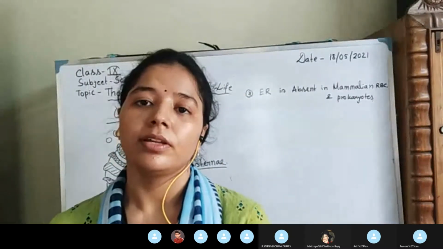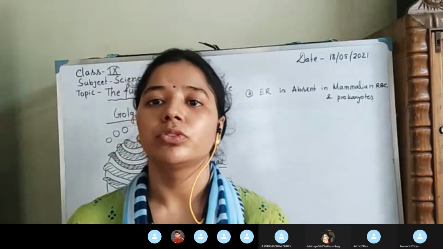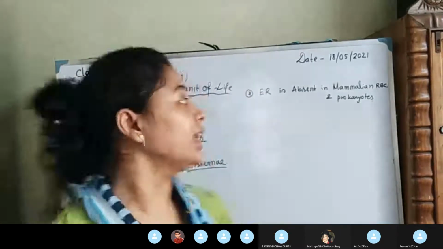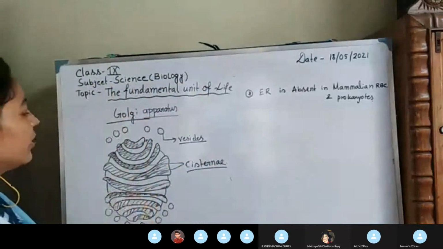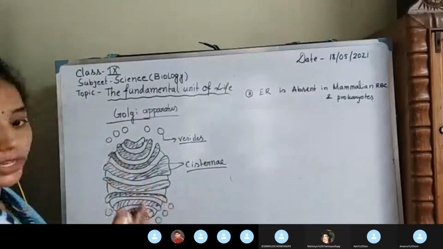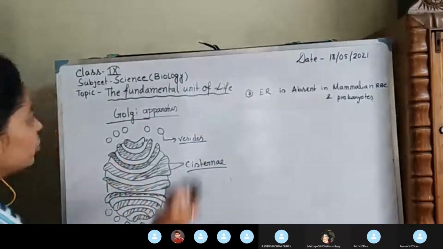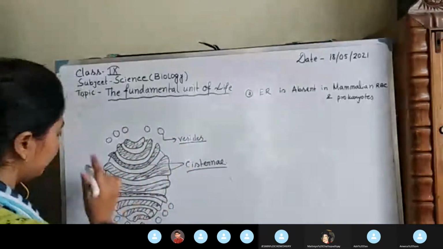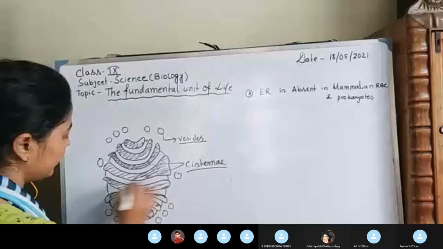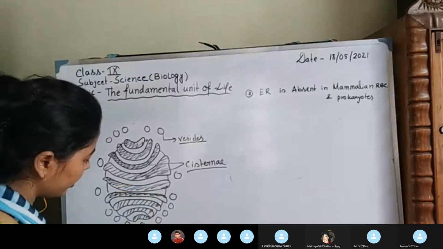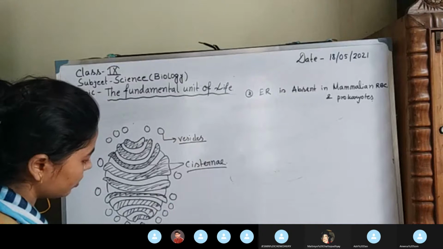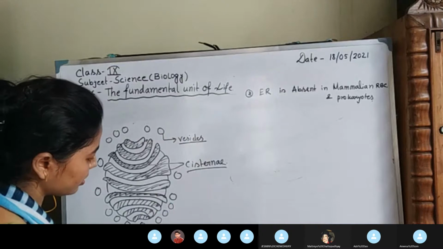Now we will move forward to Golgi apparatus. Can you see the picture of Golgi apparatus? Actually, we must not draw a picture this way. In the down portion only, when mentioning the figure, write the structure of Golgi apparatus.